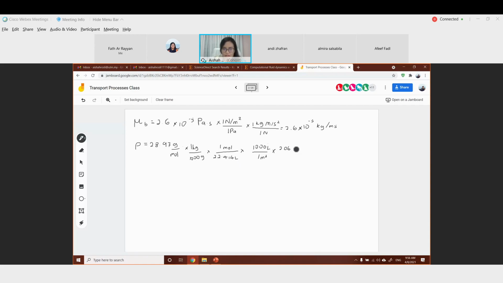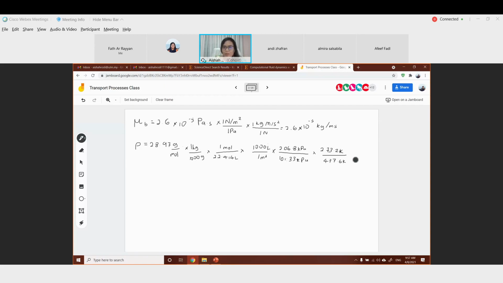And then 208 kilopascal, the pressure just now, divided by the standard pressure, which is 101.33, and then 273.2 K divided by 477.6 K, which is the entry temperature of air.